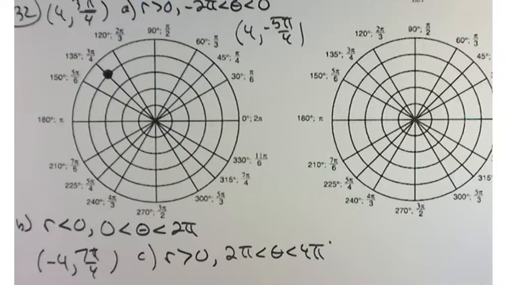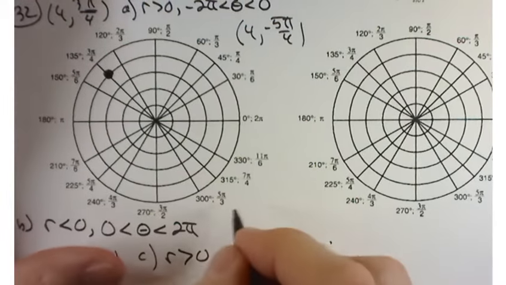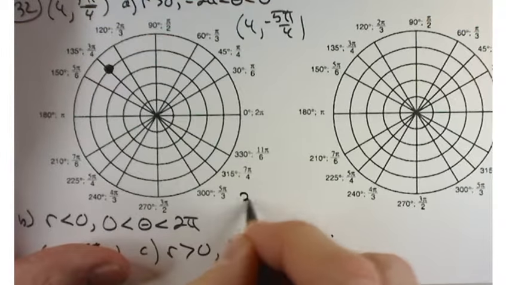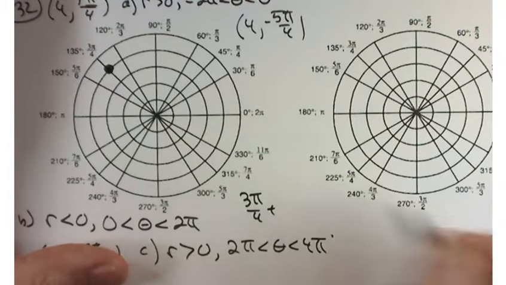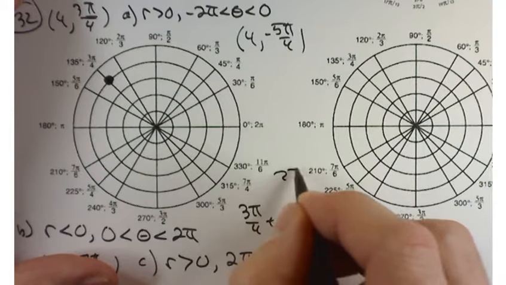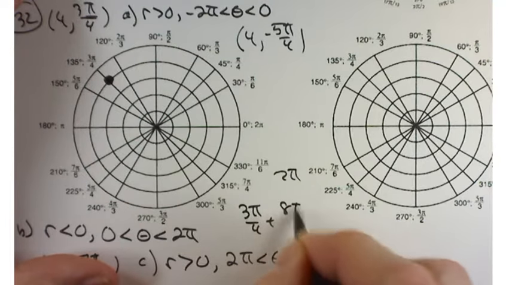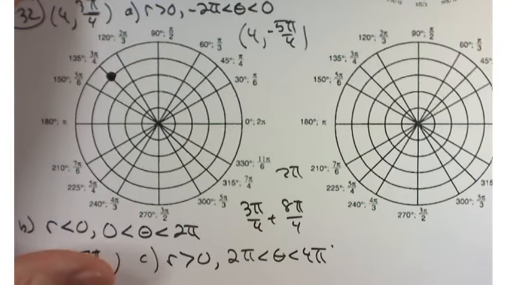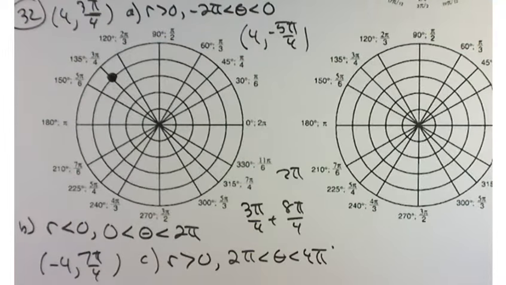Okay, 360 would work in degrees, 2 pi in radians. So you're going to take your angle, 3 pi over 4, and add 2 pi. Now for my convenience, instead of writing 2 pi, I'm going to write 8 pi over 4. Why do I do that? Yeah, you've got common denominators, right?